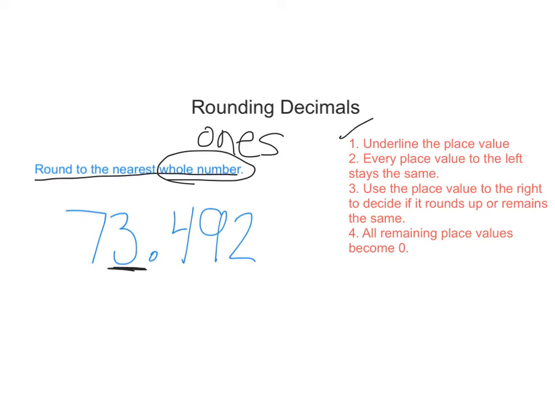Step number 2, every place value to the left stays the same, so my 7 for 70 will remain the same. We then need to look to the place value to the right to decide whether our 3 is rounded up or if it stays the same. And 4 is a number that tells us to remain the same, so my 73 will stay.